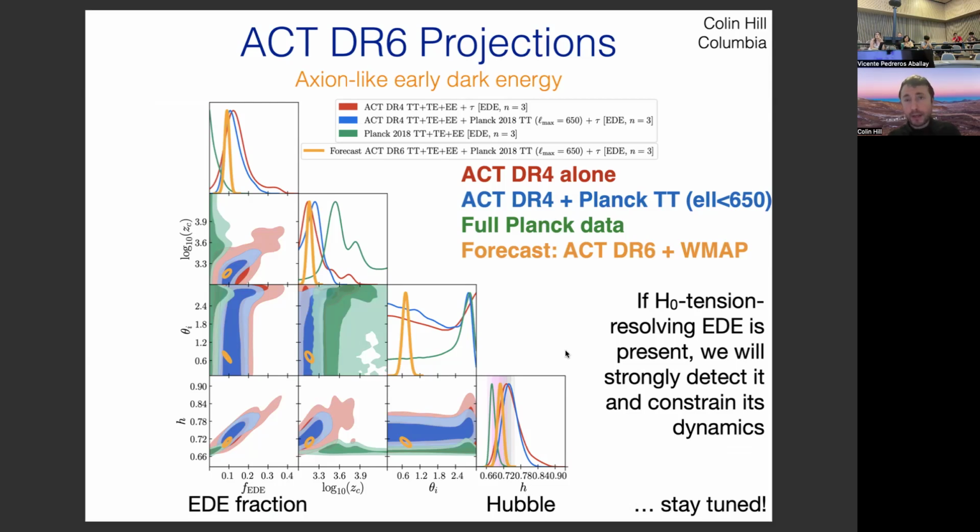So there's a total of 9 cosmological parameters in the fit. And of course, we also have to fit for various nuisance parameters related to foregrounds and calibration.